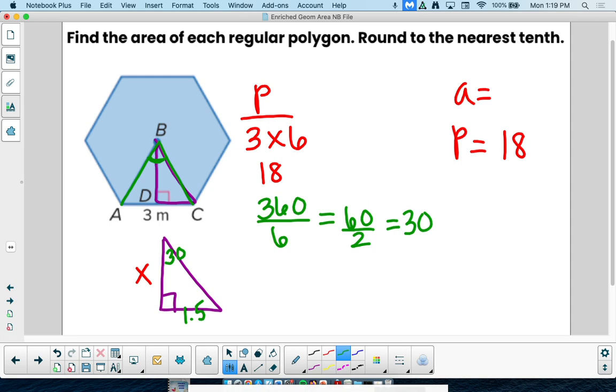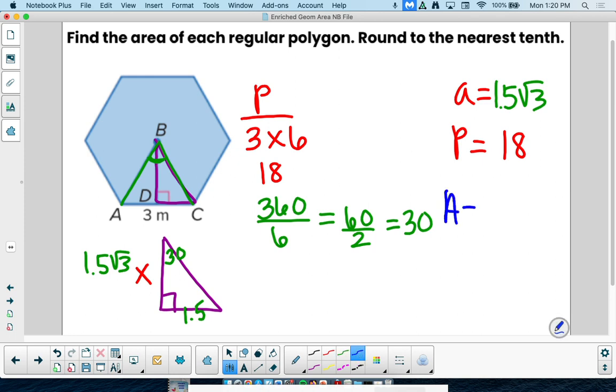If our short leg's 1.5, what's our long leg? 1.5 root 3. You just plug it in. So we just found our apothem right there: 1.5 root 3. Now we have the pieces that we need for our formula.